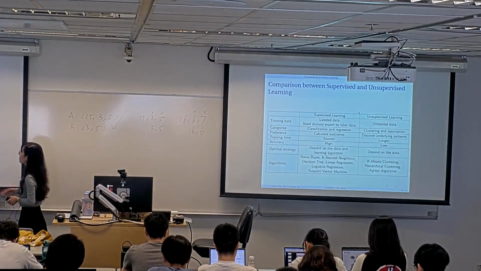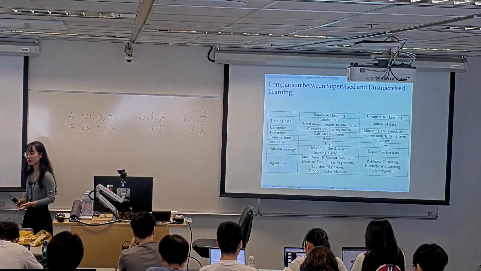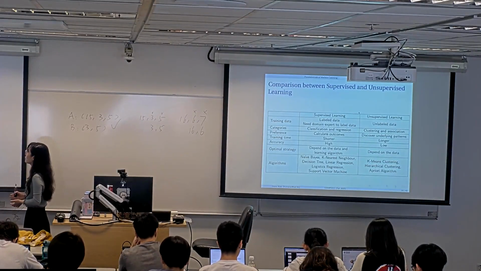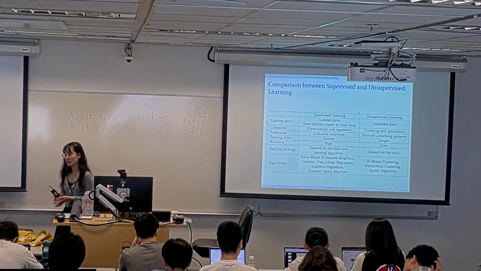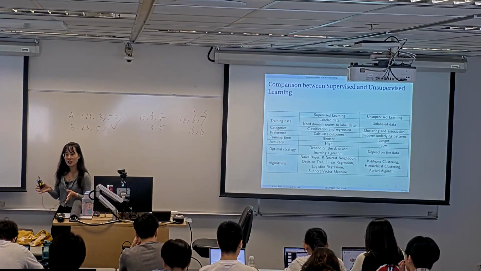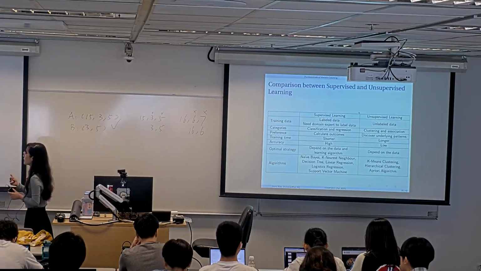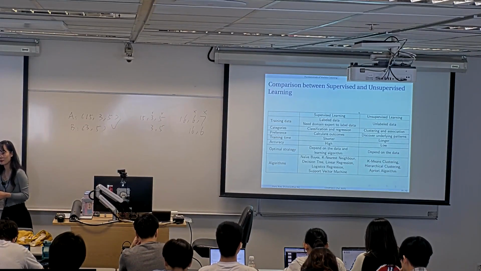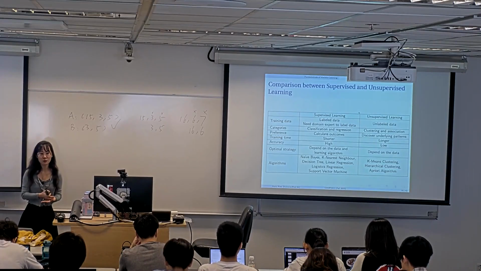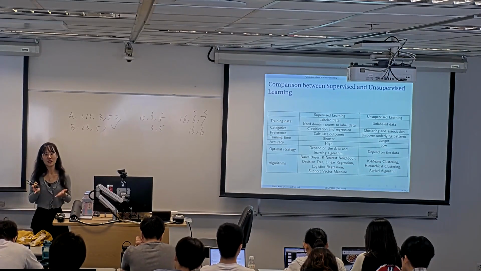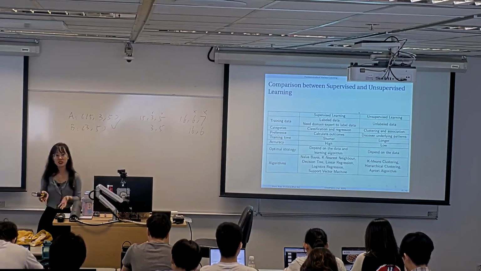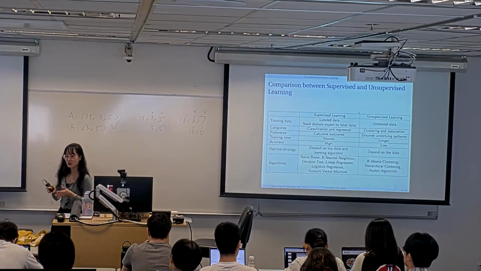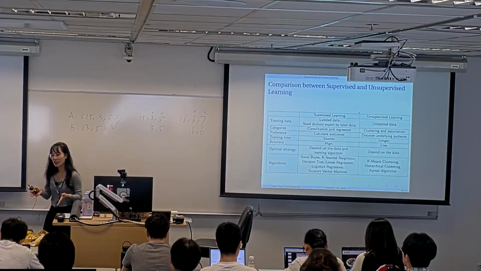Training time of supervised learning is usually shorter, but training time of unsupervised learning is usually longer. You can think about it this way: for supervised learning, we are learning the relationship between data and label, so you just need to learn such a mapping.